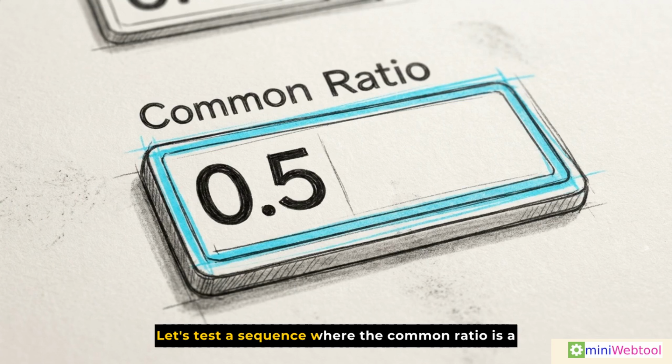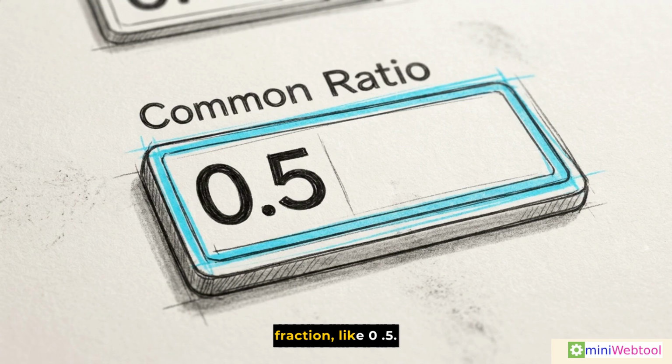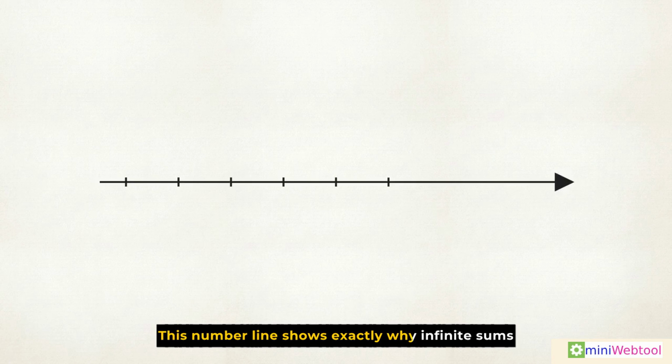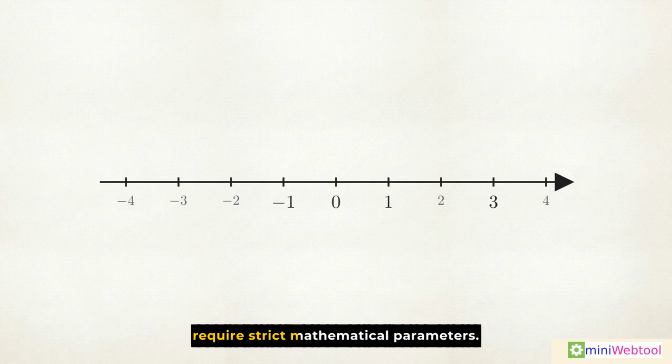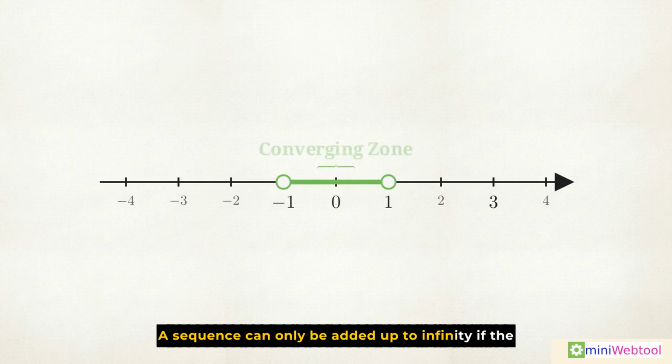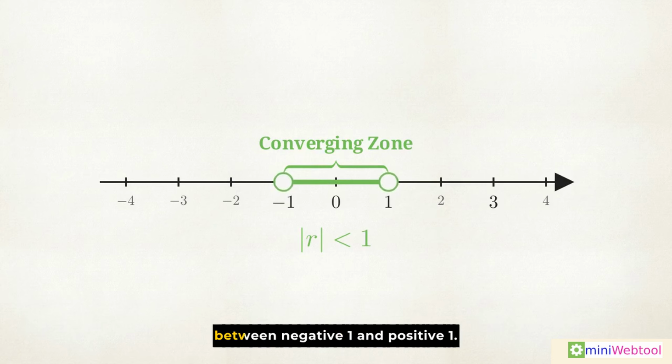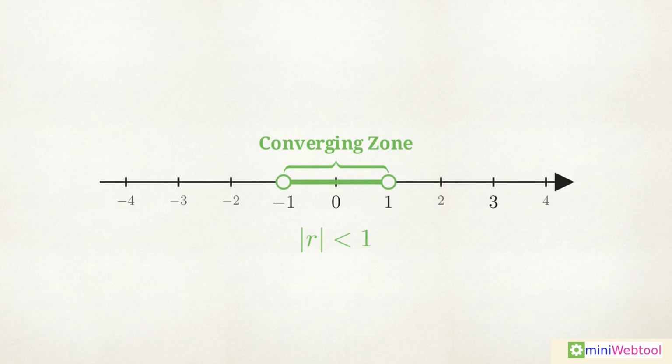Let's test a sequence where the common ratio is a fraction, like 0.5. This number line shows exactly why infinite sums require strict mathematical parameters. A sequence can only be added up to infinity if the common ratio sits inside this converging zone between -1 and +1.